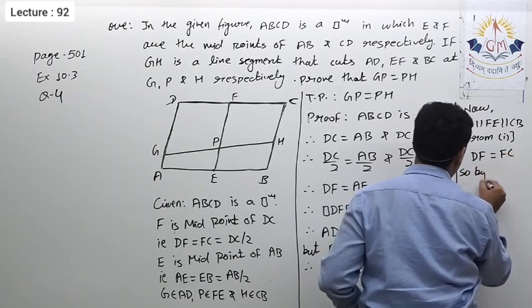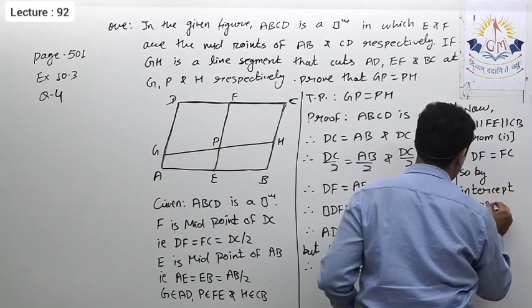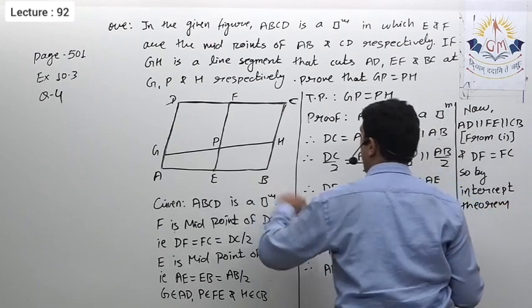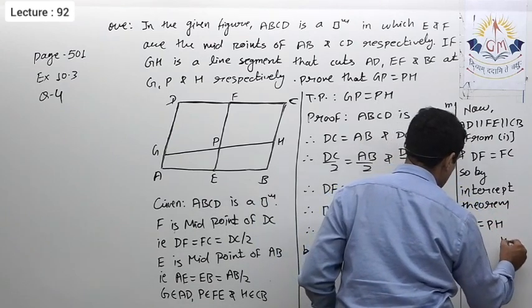So by intercept theorem, GP equal to PH. Hence proved.